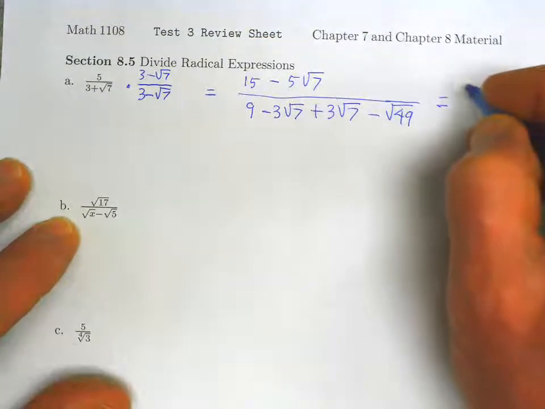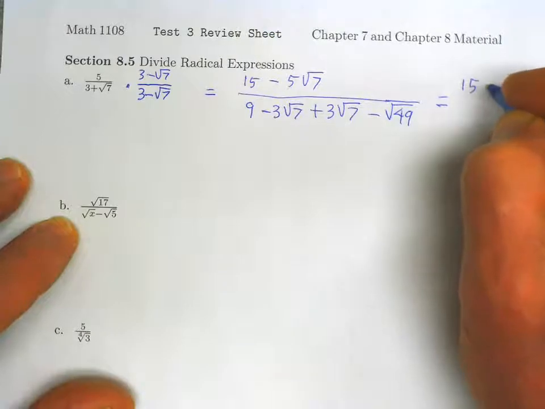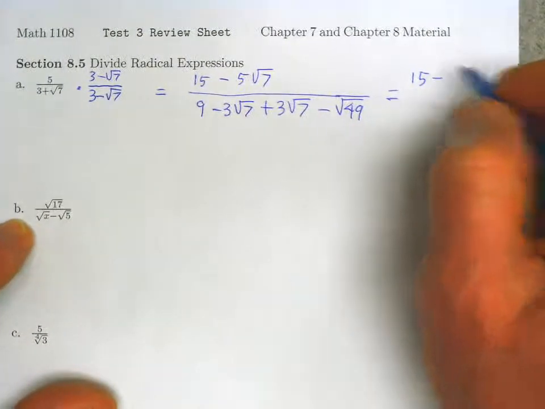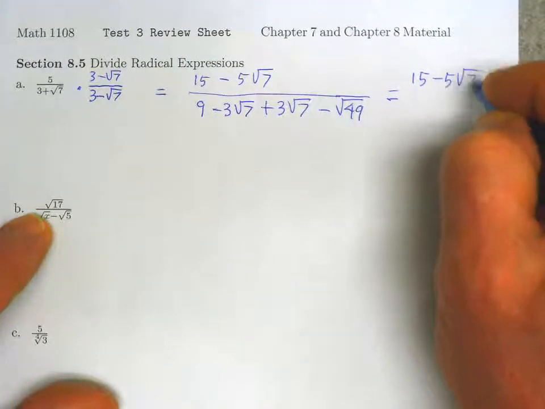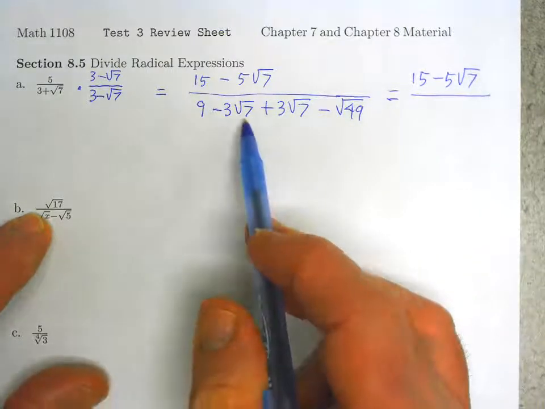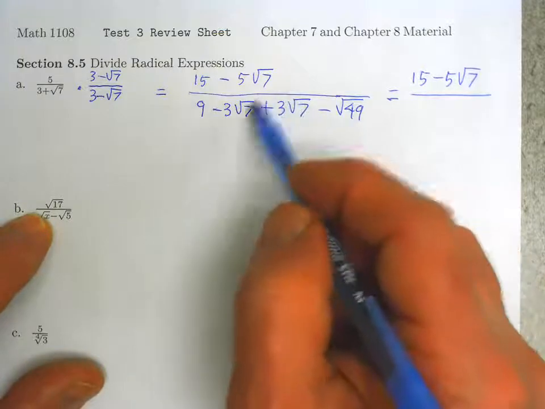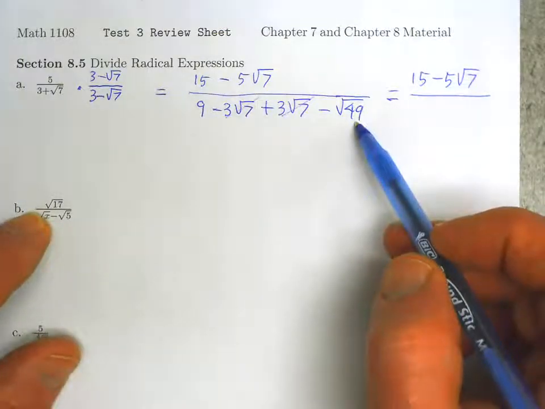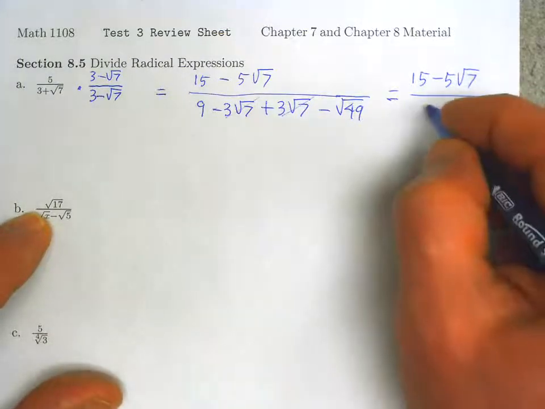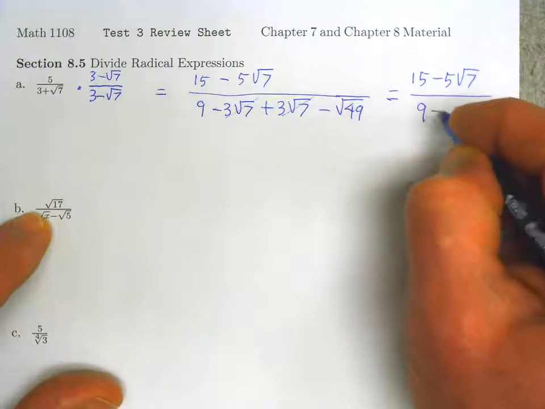So the numerator for now is just 15 minus 5 times the square root of 7. In the denominator, the two middle terms cancel each other out. Those add up to 0. The square root of 49 simplifies to 7. So we just get 9 minus 7.